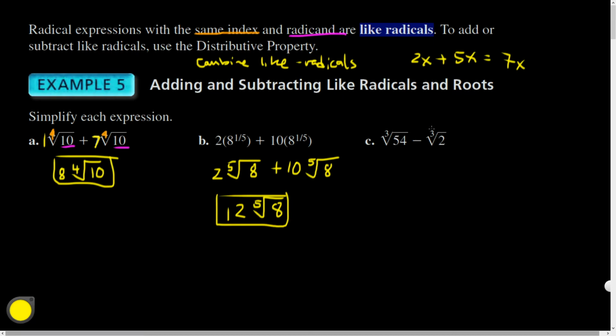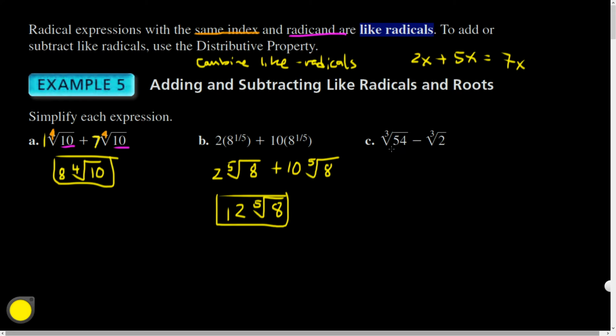Done. Now you might say, Mr. Waddy, these are not like radicals. Yes, they have the same index, but their radicands are different. And you are correct. However, this part right here is not a fully simplified radical. I believe I can find a perfect cube that will go into 54.